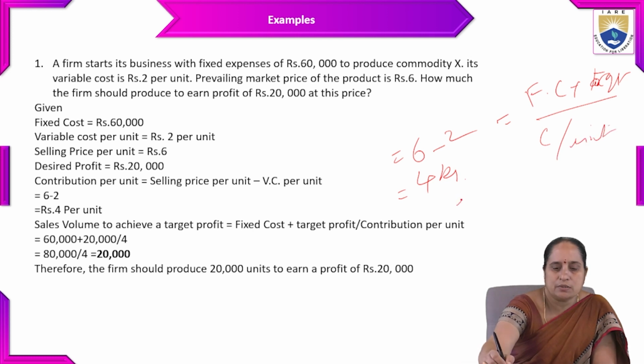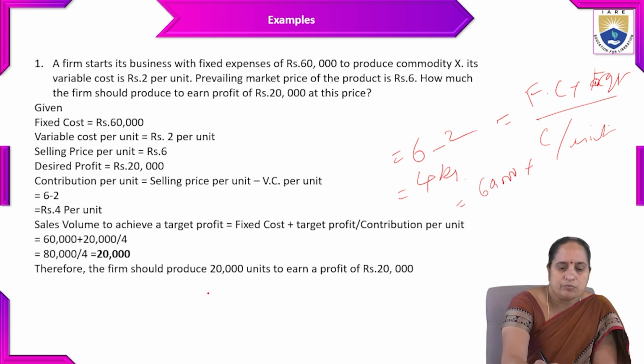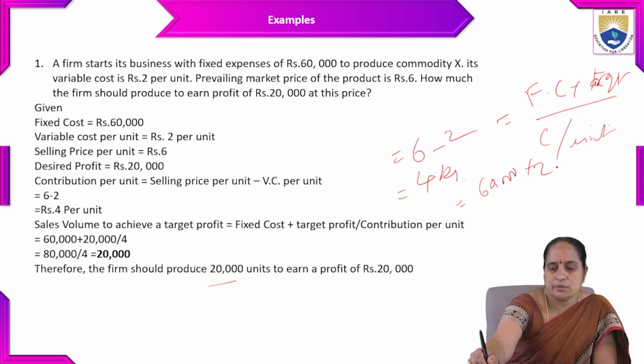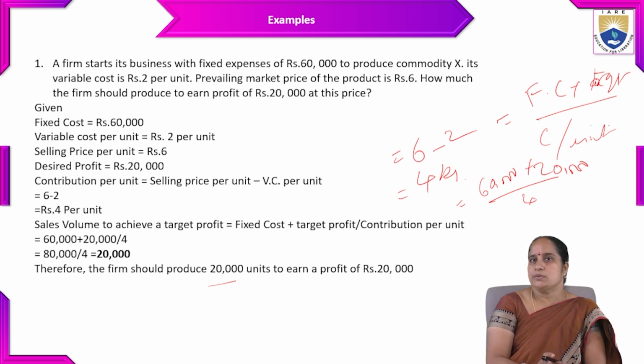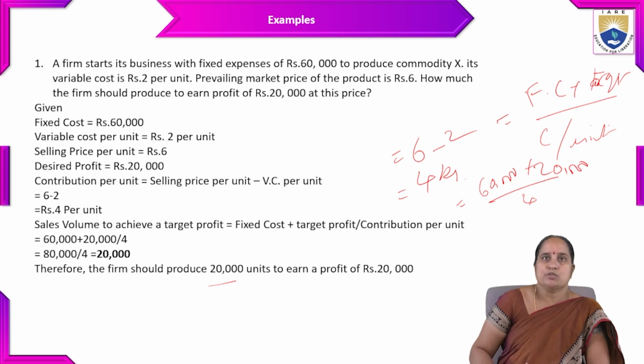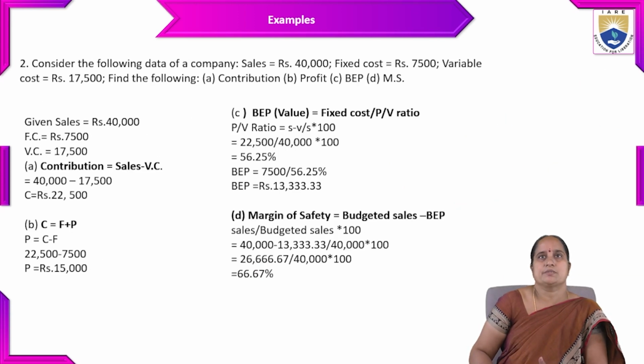The fixed cost is 60,000 plus the desired profit that the company would like to earn, 20,000, divided by 4 rupees. If you simplify that, we get 20,000. Therefore the firm should produce 20,000 units to earn a profit of 20,000 rupees. Only then can they generate 20,000 rupees as profit.